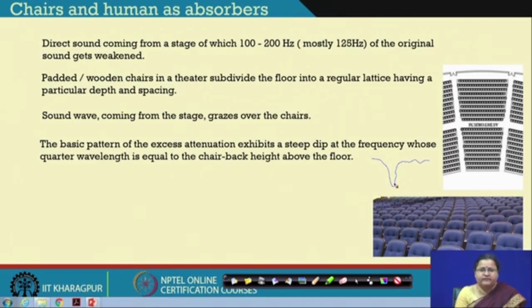This quarter wavelength, equal to the chair back height, has been experimentally found, and the sound rebounds from that surface and comes back. Sometimes books explain that a standing wave is created between chair and chair and there is a loss of energy.